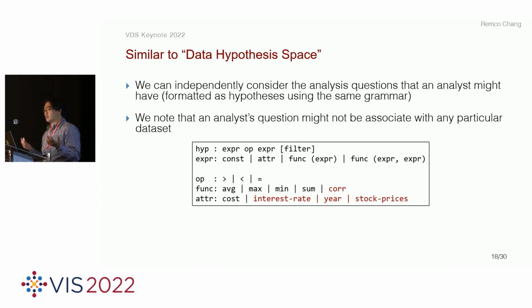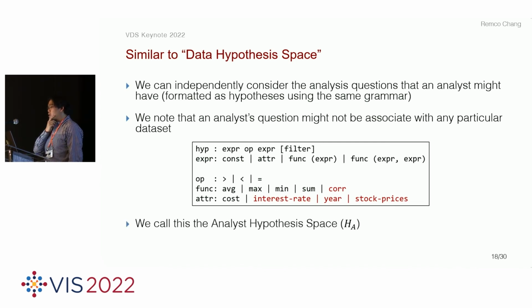So for instance, here's a grammar that expresses an analyst question about the cost of their company and how it might correlate with the stock prices and the interest rate over the years. The analyst can express these questions independently of any data set. They can just write it out in this form.